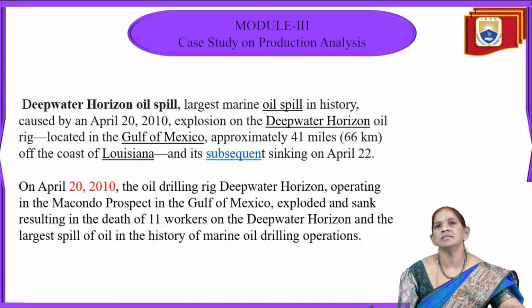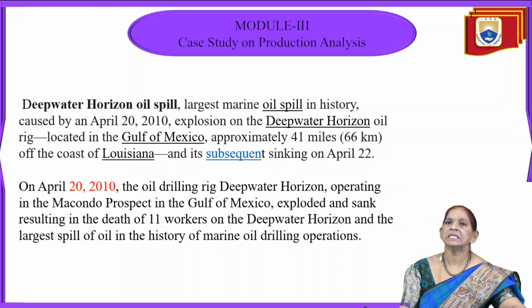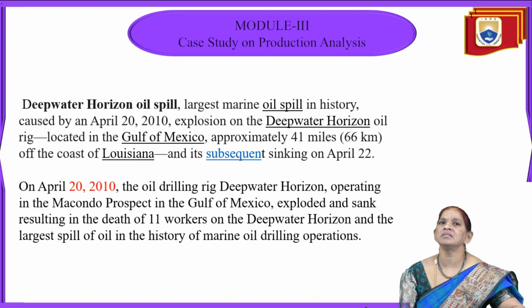When the crude oil was being extracted, an explosion took place in 2010 in the Gulf of Mexico, approximately 41 miles, that is 66 kilometers, off the coast of Louisiana, and the rig subsequently sank on April 22.